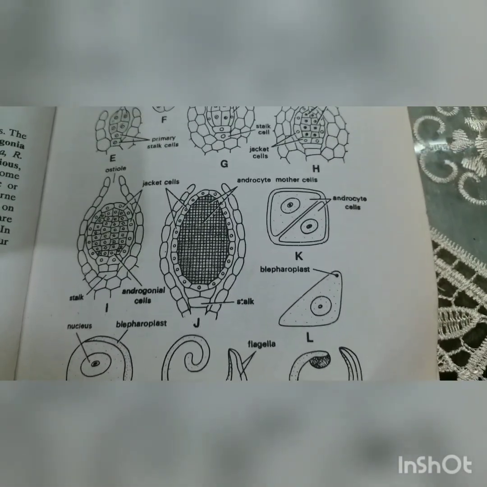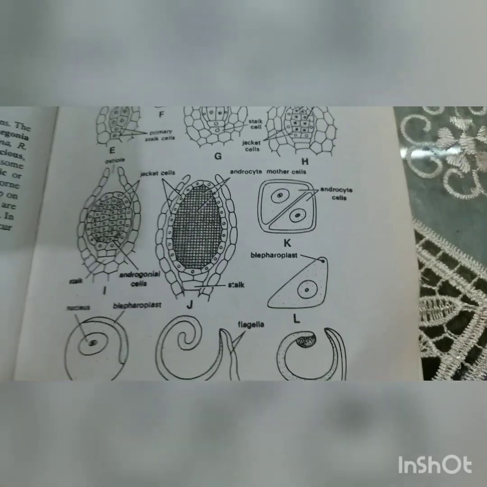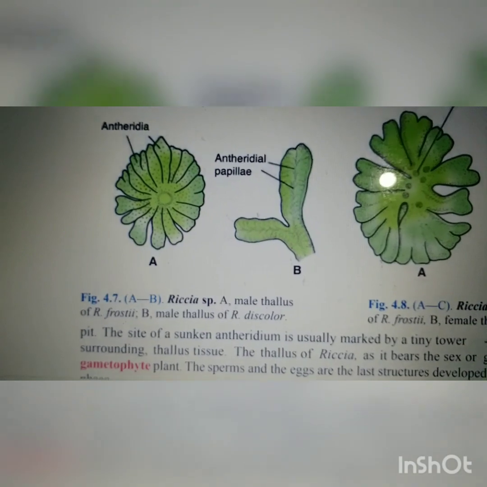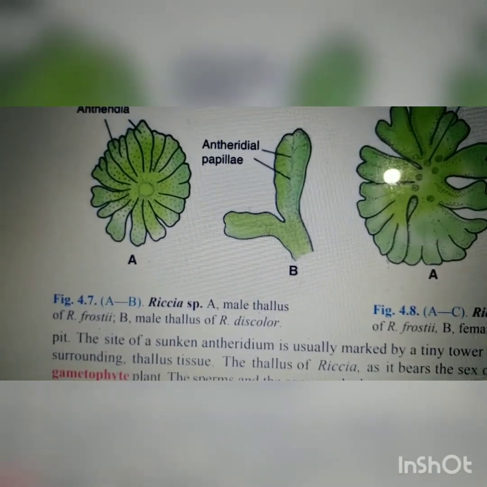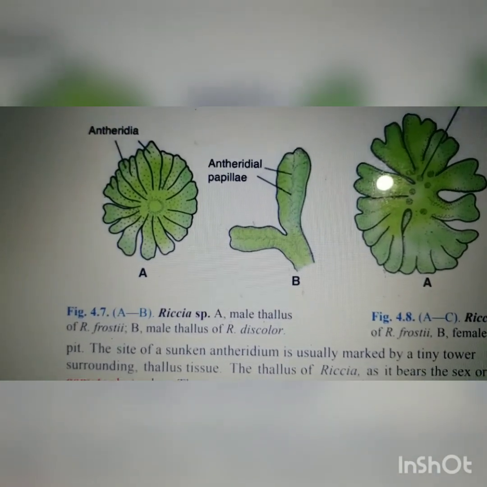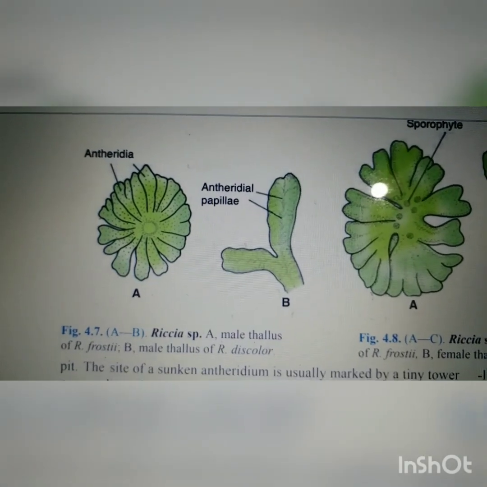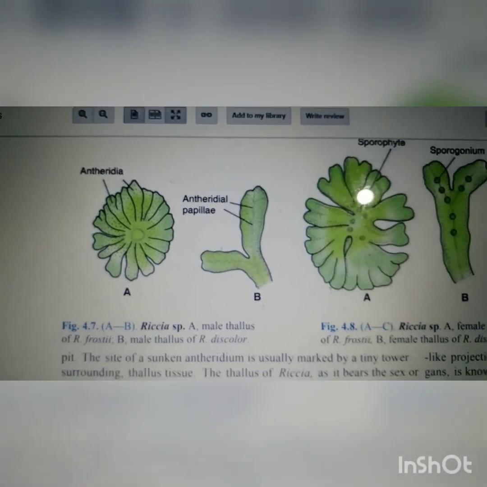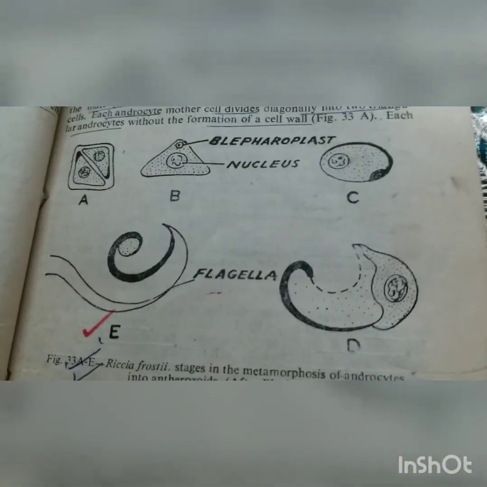Here I already told you it is homothallic, whereas in two species, Riccia frostii and discolor, you will see the male thalli are present separately, they are heterothallic, right? So this is the structure of the antherozoid.